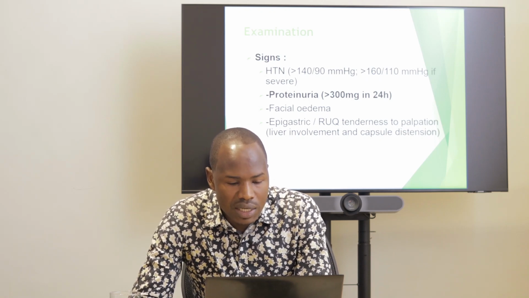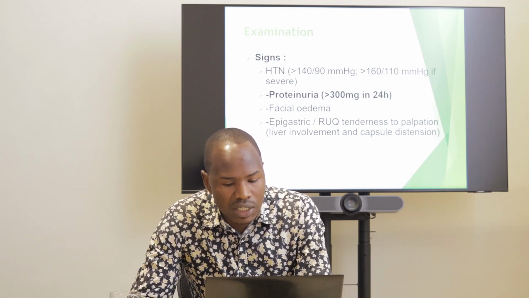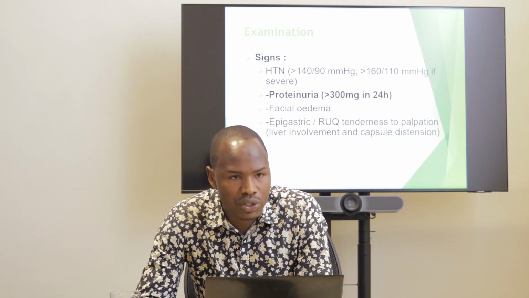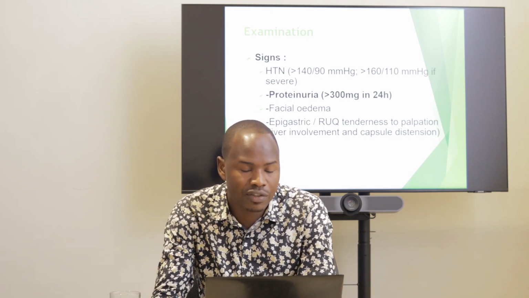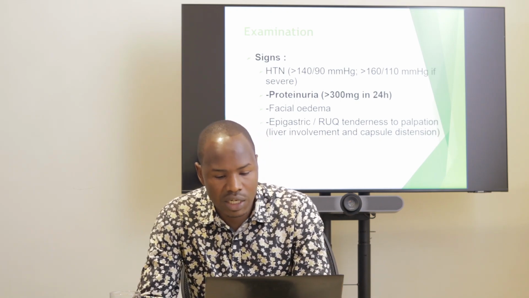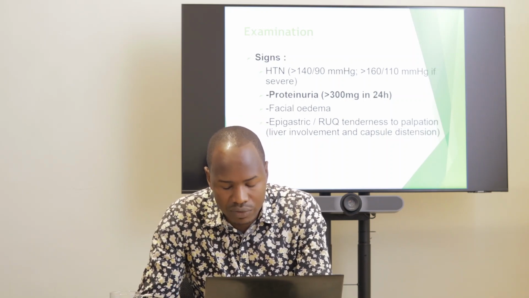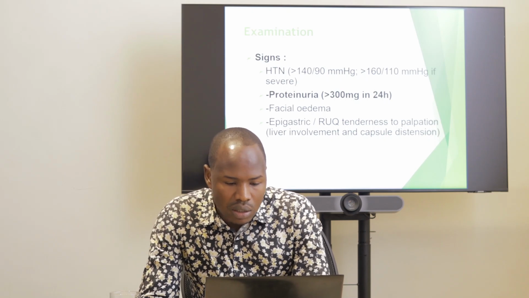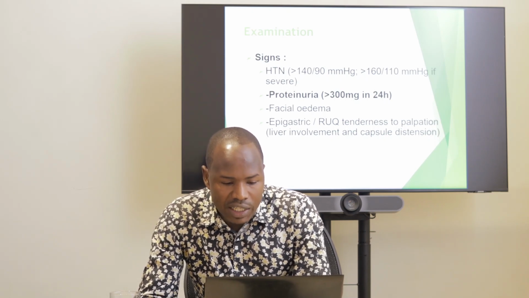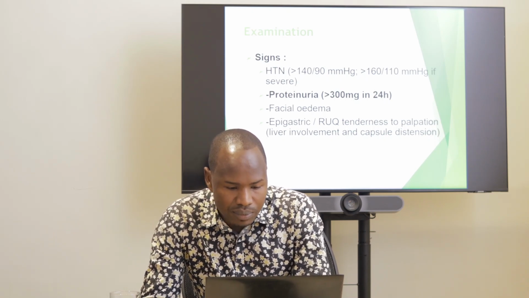If she has epigastric or right upper quadrant tenderness on palpation, it means there is liver involvement and capsular distension. The capsule is a part of the liver. When you palpate the client, she will feel pain.